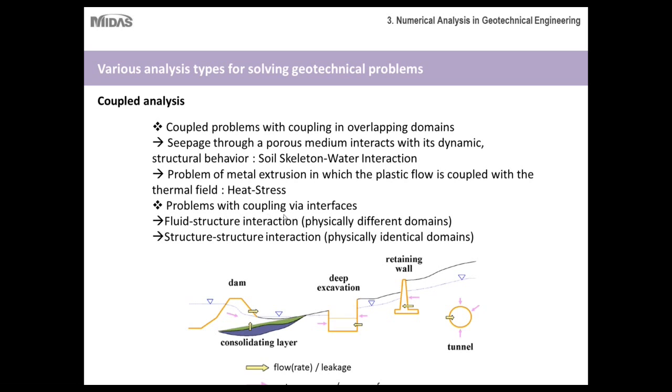And then problems with coupling the interfaces, so for example the retaining wall that I mentioned, and then fluid structure interaction, so structures that are in direct contact with water, and then structure to structure interaction, so for example certain structures that interact with each other directly would benefit from a coupled analysis.